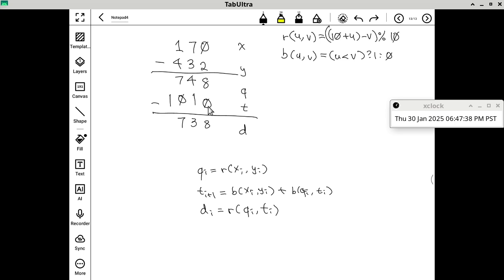What position is it on? It's digit three, which means it is one of 1,000. It's one of 10 to the power of 3. We owe 1,000. So this means we have 738 bucks in our pocket as cash, but you are owing the bank 1,000 bucks. So what is your net worth?